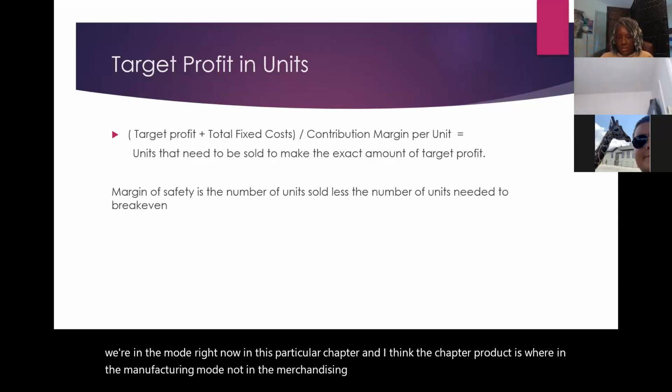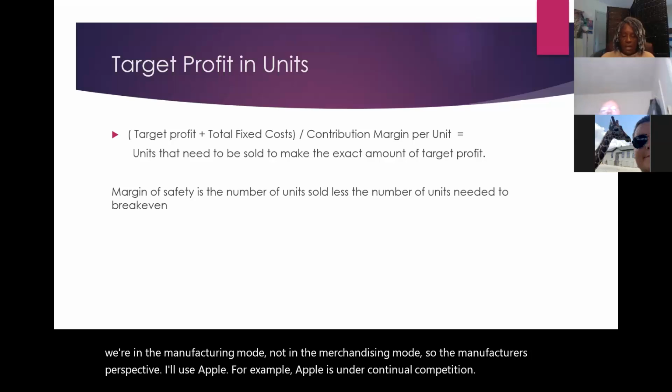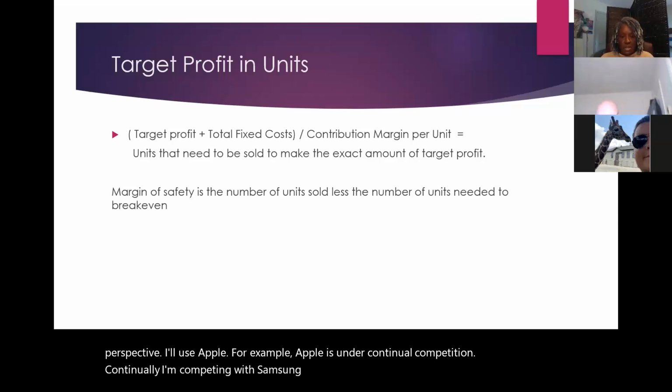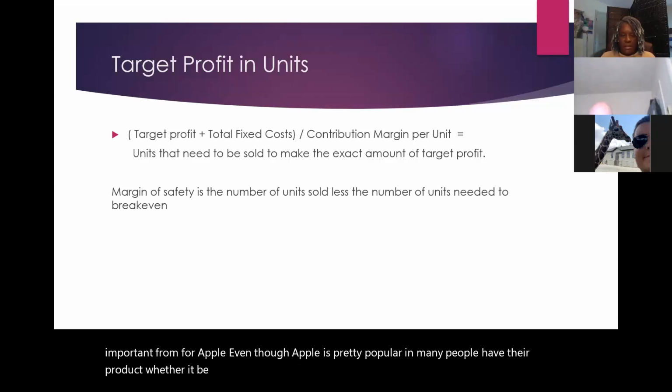So from a manufacturer's perspective, I'll use Apple, for example. Apple is under continual competition, continually competing with Samsung and others for that market share. And it becomes important for Apple, even though Apple is pretty popular and many people have their products, whether it be their MacBooks, their tablets, or their phones.